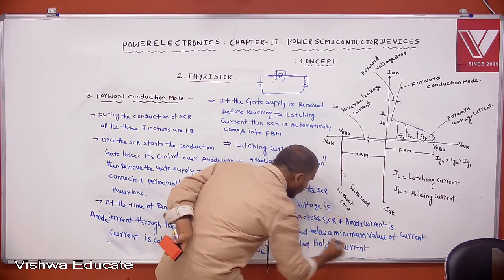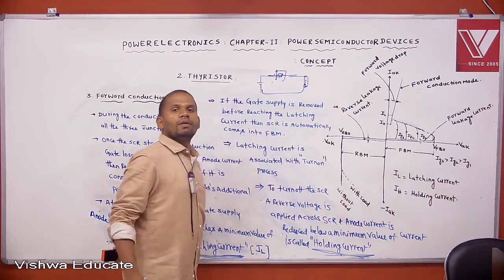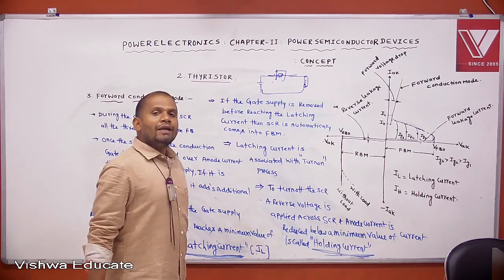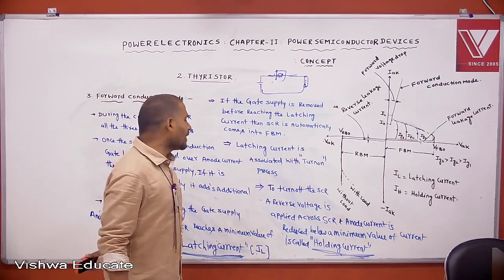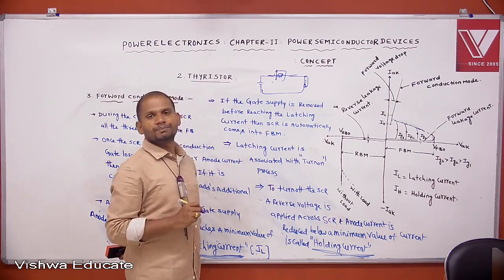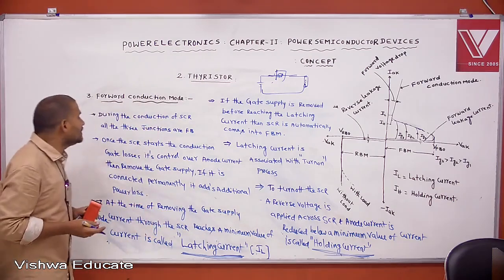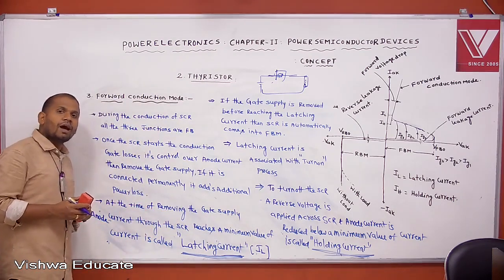That's why, if you want to turn off the SCR, we reduce the anode current below a minimum value of current by applying reverse voltage. That is nothing but the holding current. Therefore, holding current is associated with which process? Turn on or turn off?